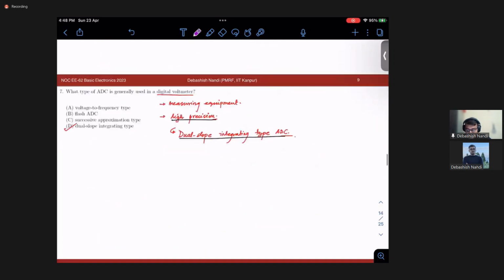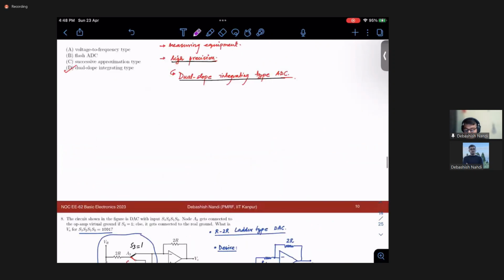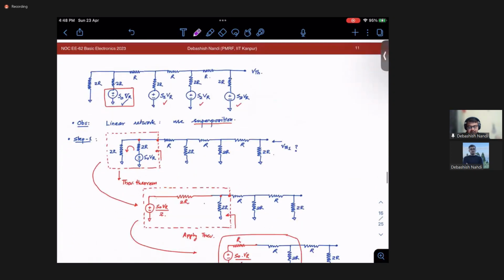So let me just again tell you what we have done. Till 7th, I have already provided a brief recap earlier. So I will again go from problem number 8. In problem number 8, what did we study? We studied the basic R2R ladder type DACs. We tried to find out how to analyze the Thevenin resistance and Thevenin voltages in detail, step by step.